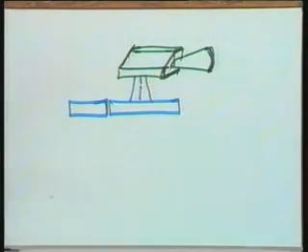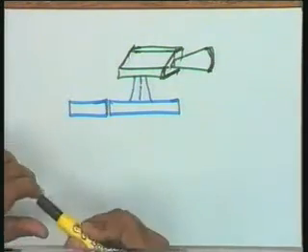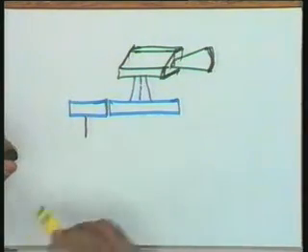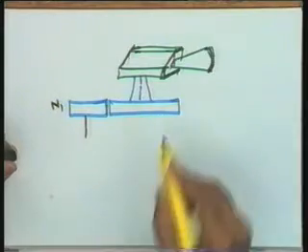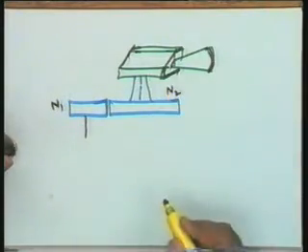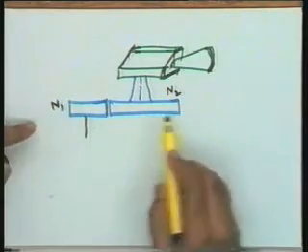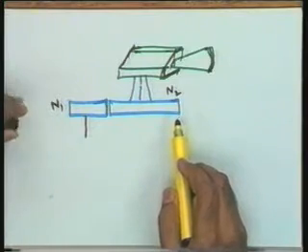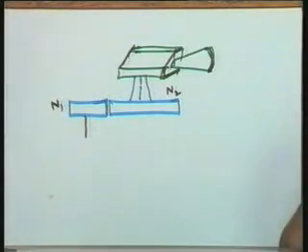A suitable gear train will be required. So this is the gear train, and this particular gear, the primary gear, has teeth N1, the secondary gear has teeth N2. As is seen, this will result in torque magnification and speed reduction.